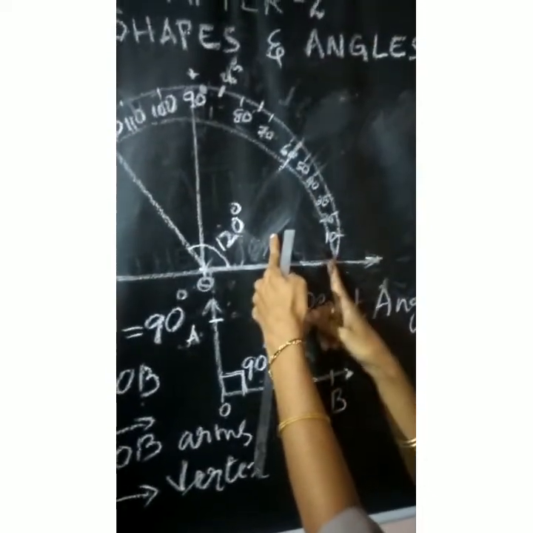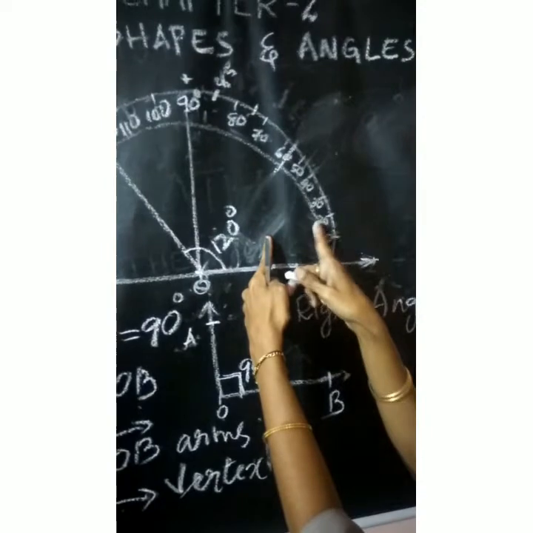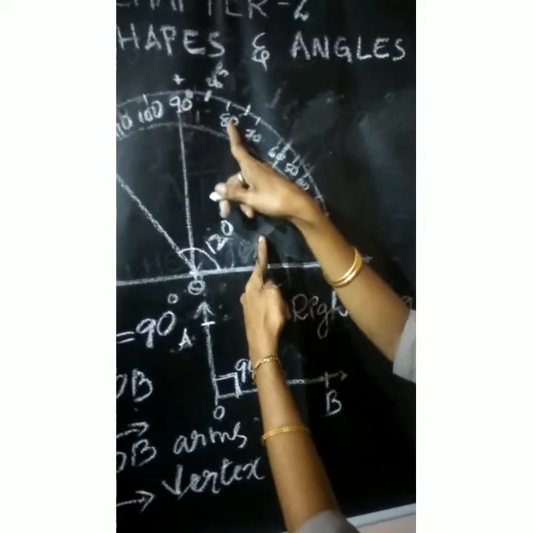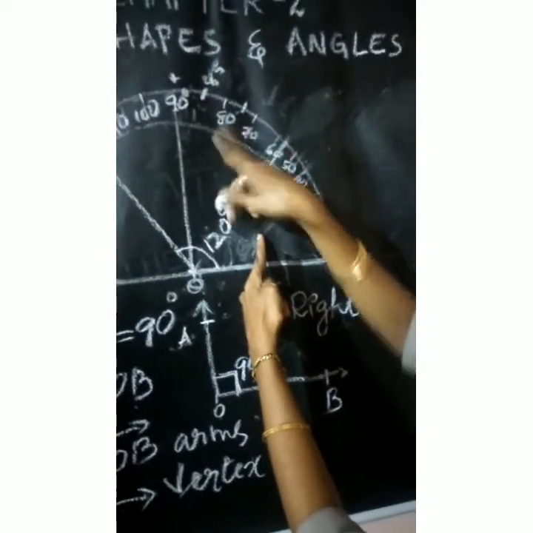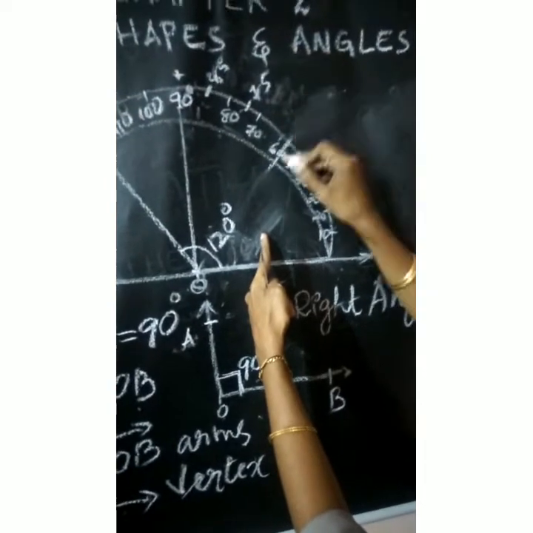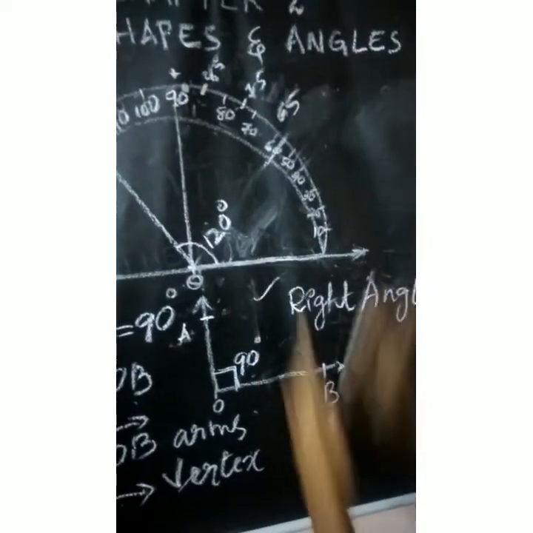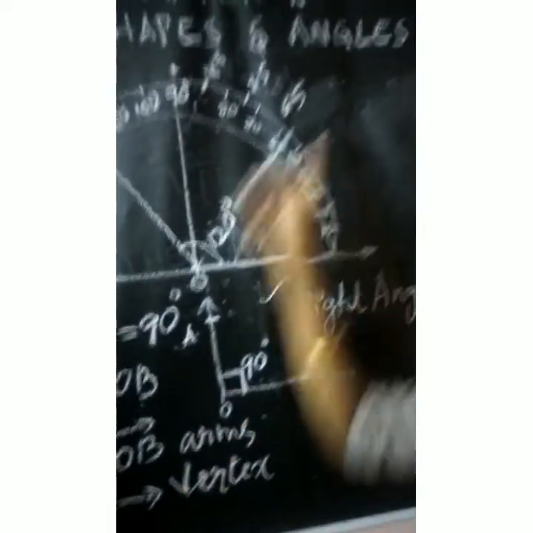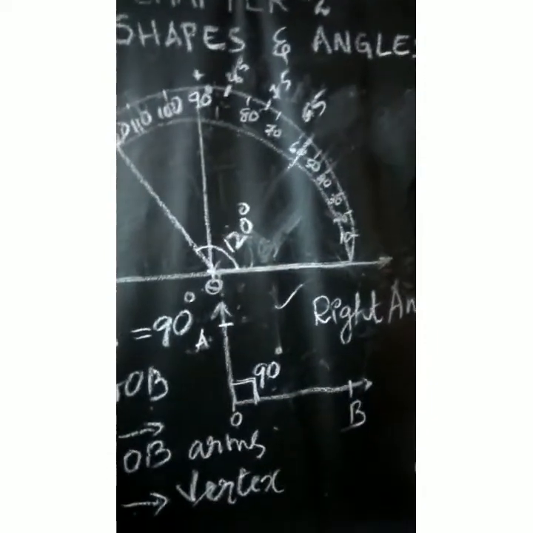Then starting from here it is 10, 20, 30 like that. So this is after 85, this is 75, and this is 65. This is the way you can connect.